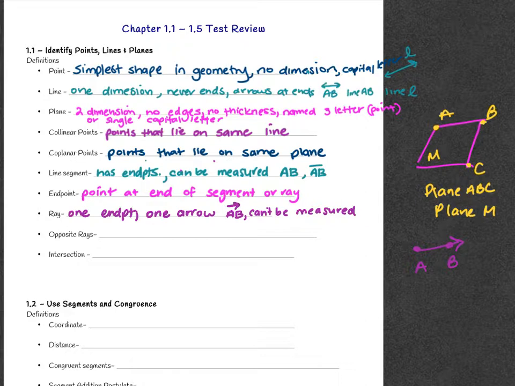What are opposite rays? Two rays going off one. Good. Same endpoint, pointing in opposite directions. What was that? Good. Forms a line.